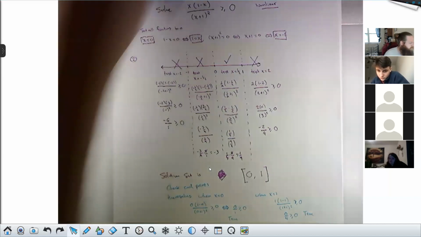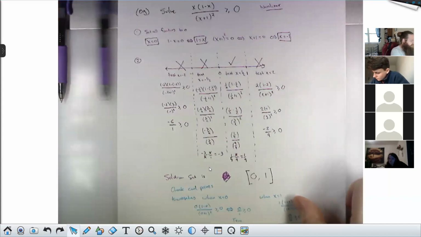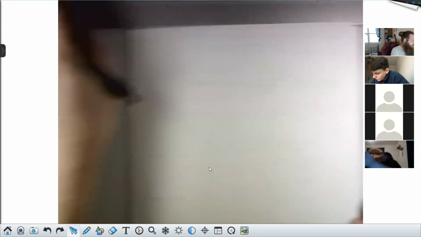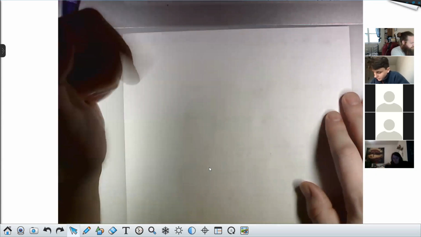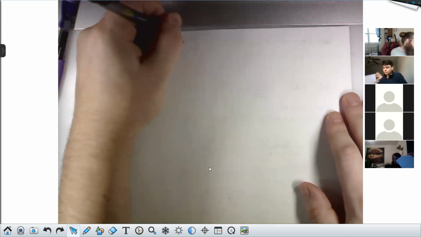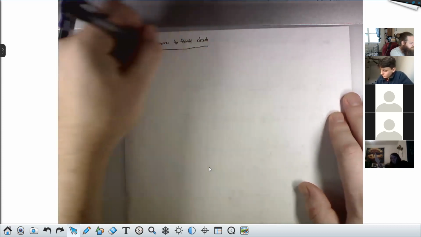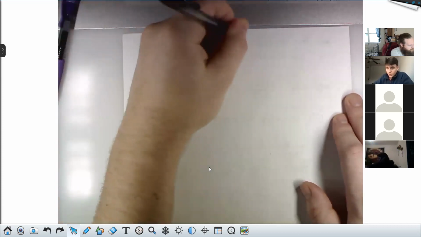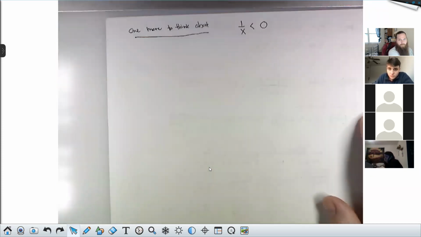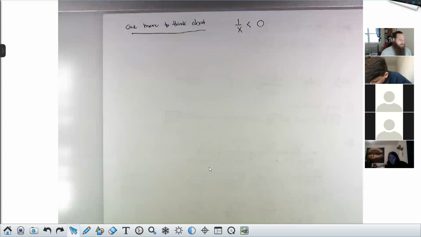Now, before we get going, I want to show you a few facts about domains. I've got one other inequality that I'd like you to think about on your own. What about 1 over x is less than 0? This is another good example of why we cannot just try to manipulate algebraically.